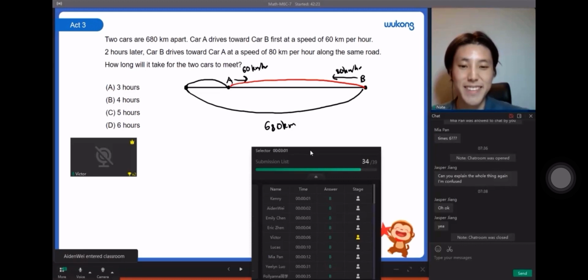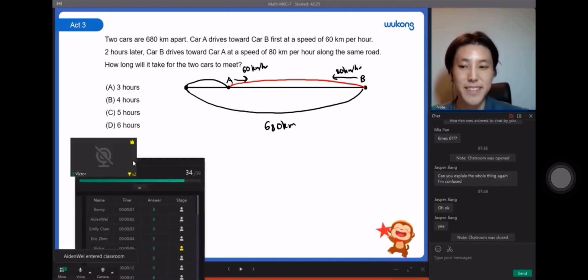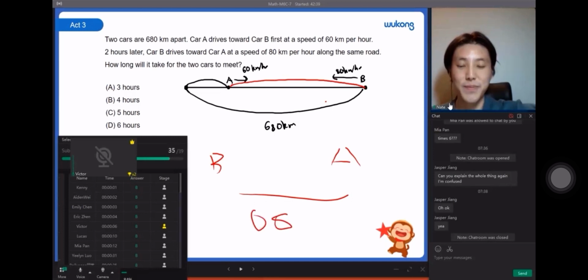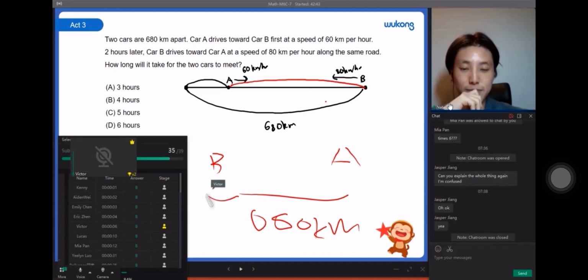Okay. So because the two cars, car B starts, so this is the total distance, 680 km. So car B has a 2-hour head start.